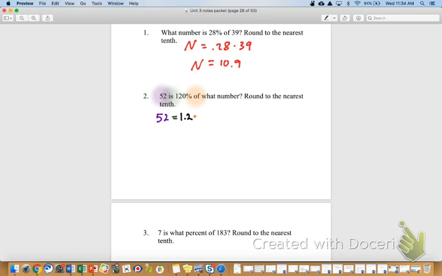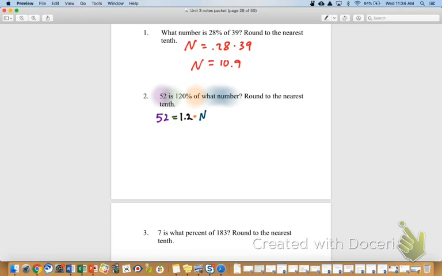And then what number? That's going to be our unknown. And so I'll just put that in as an n because it's a number that I'm looking for. So this step, or some other step similar to it, must be on your paper if you want full credit.